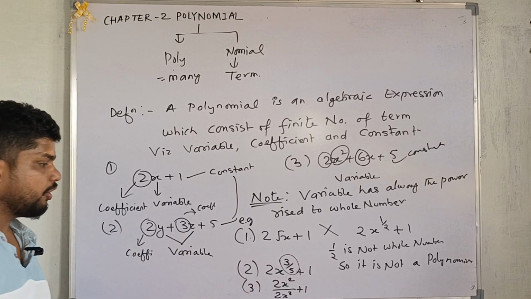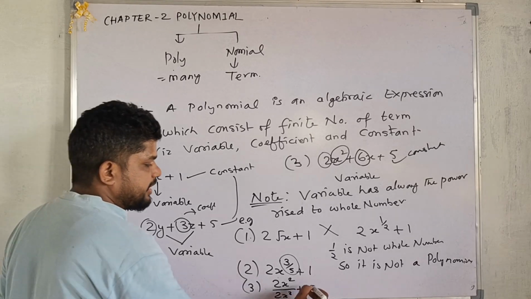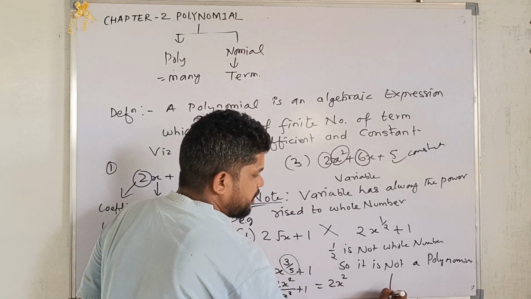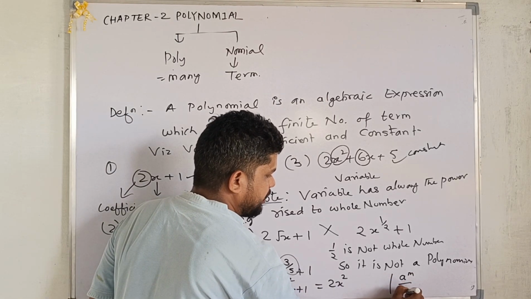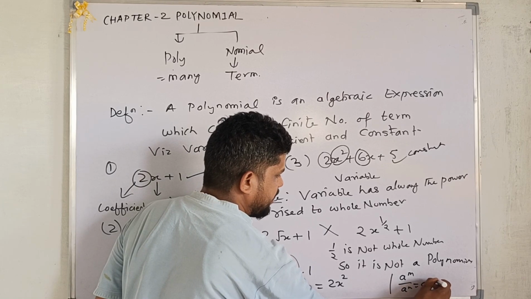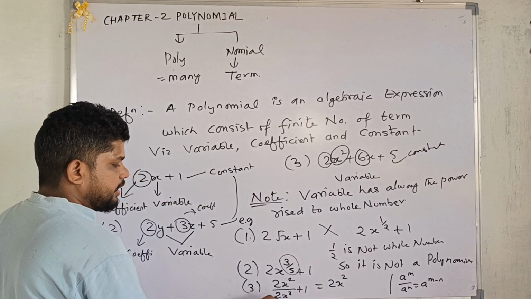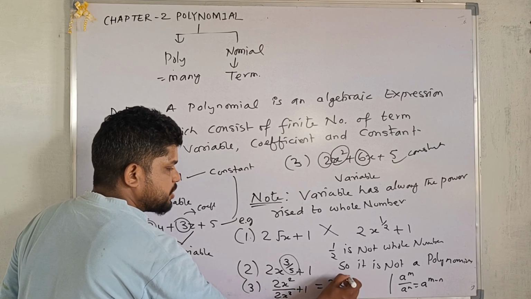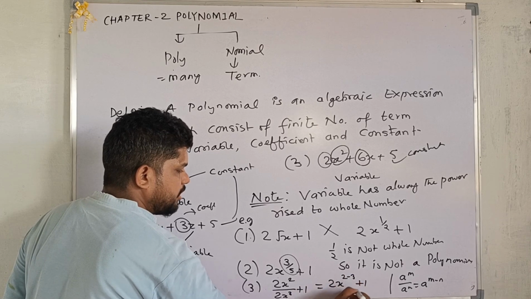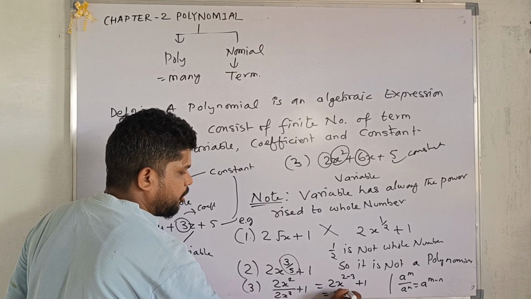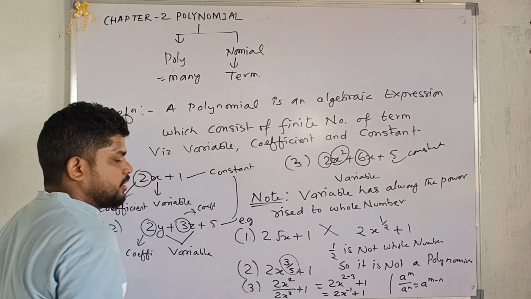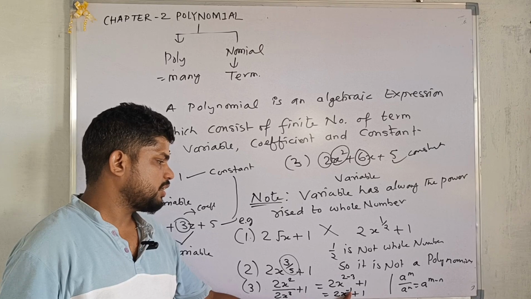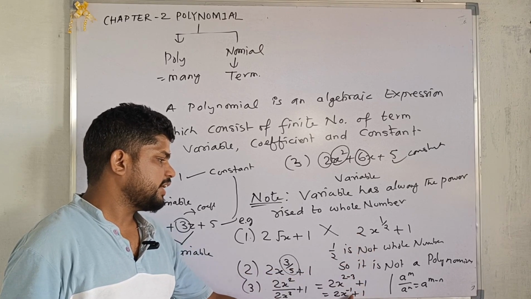Again here it is no, because when we simplify it further, using the property a to the power m divided by a to the power n is a to the power m minus n, we get 2x to the power 2 minus 3 plus 1, which is 2x to the power minus 1 plus 1. So here, as you can see, the power raised to x is minus 1, which is not a whole number. So again it is not a polynomial.